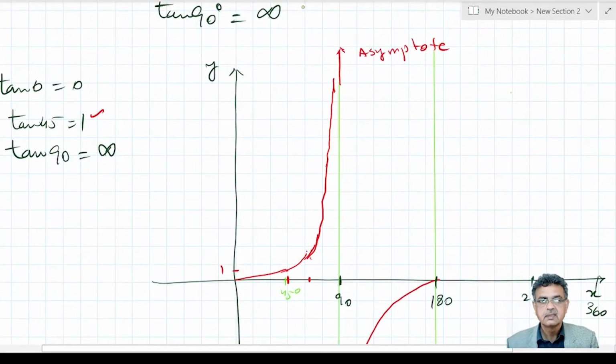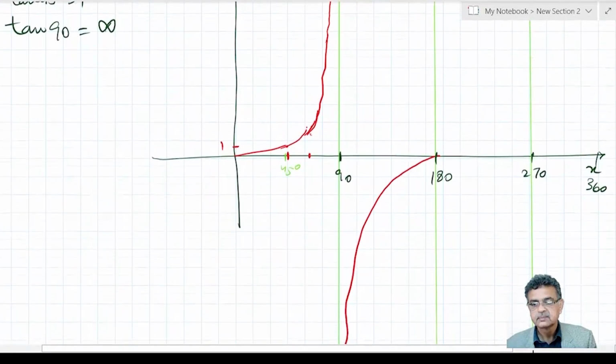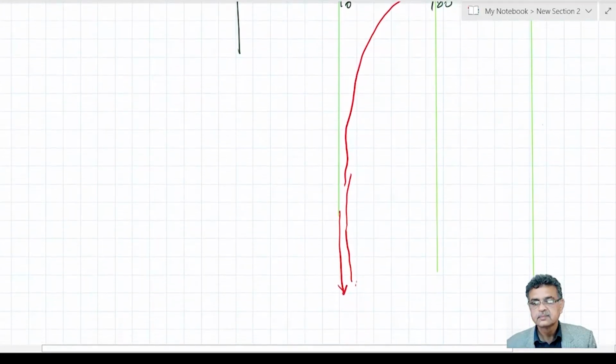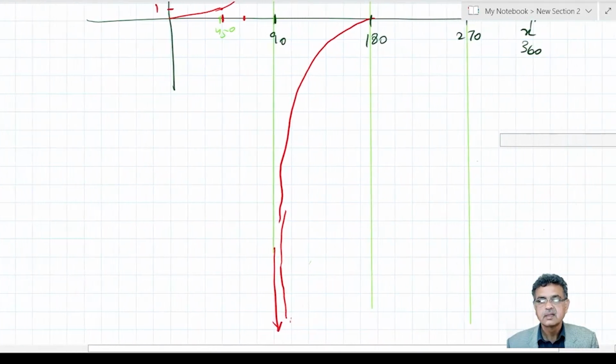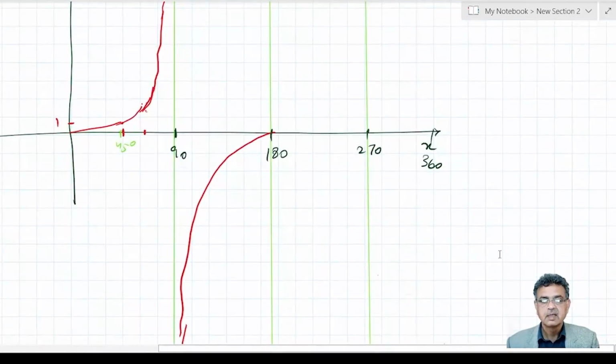and then at 270 degrees, if I draw another line here, then at 360 degrees somewhere over here, that will be the fourth quadrant.